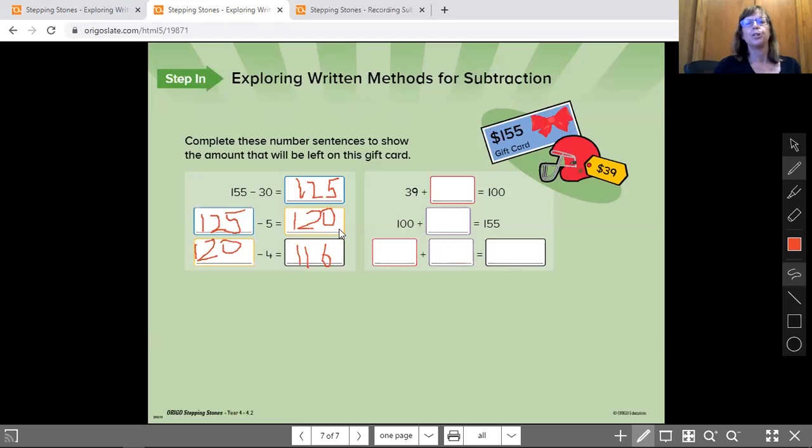Okay, and to do it the other way around, to go from the helmet at $39 and add on to get to 155. Okay, we want to add something to 39 to get to 100. So that would be 61. 100 plus something equals 155. So that would be 55.